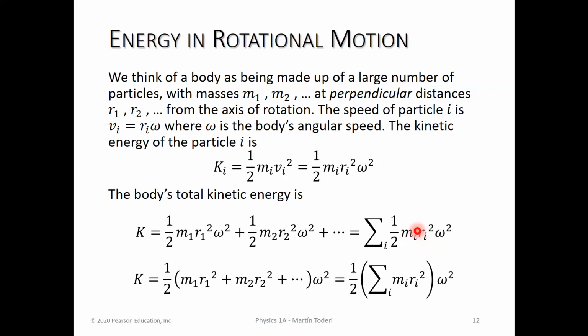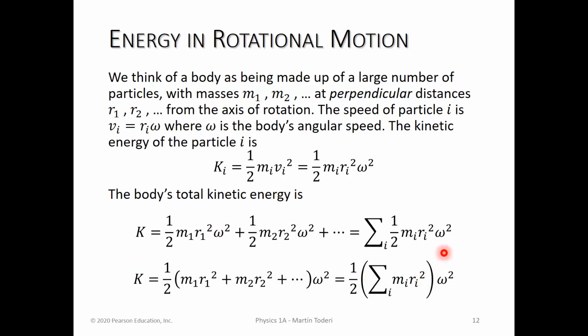And we can rewrite that in order to get a new term that we're going to define. So if we take all the omegas out of the sum and put them here, and then we associate all of those terms together, then we have 1/2 of the sum of m multiplied by r squared, multiplied by omega squared.